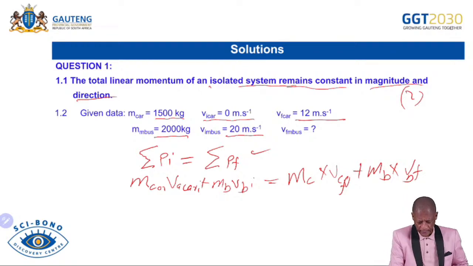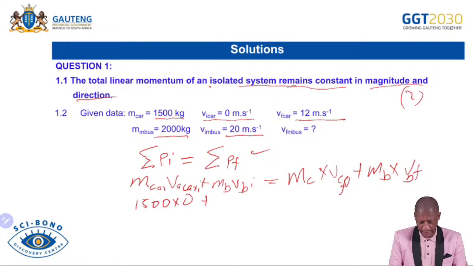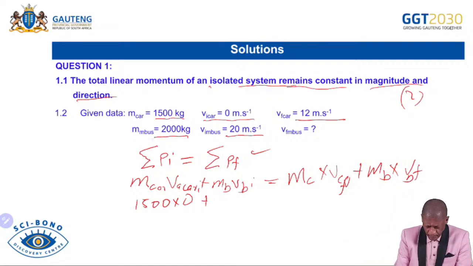All right. Now we go to our data. What do we know? The mass of the car, they say, is 1,500. The velocity of the car, it was stationary, multiplied by the initial velocity, in fact, 0. Plus, because we've got this plus, remember, it's the sum. Now, the mass of the minibus is 2,000, multiplied by, before, which was 20.